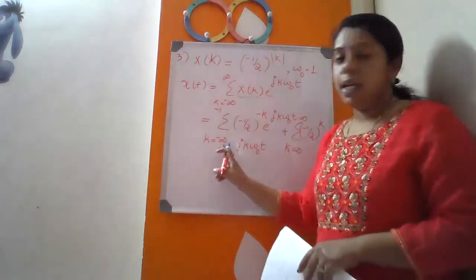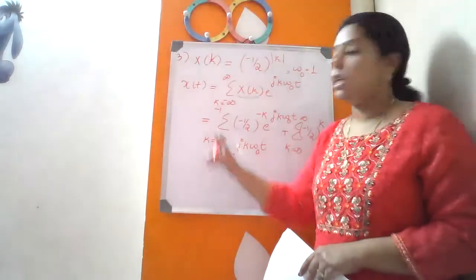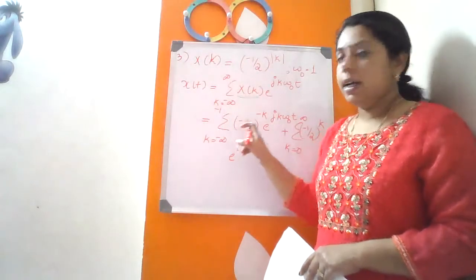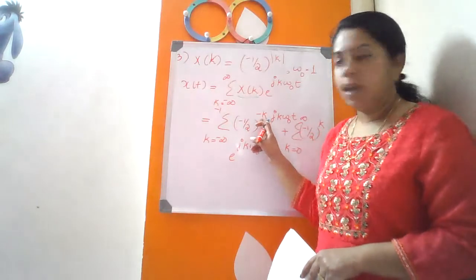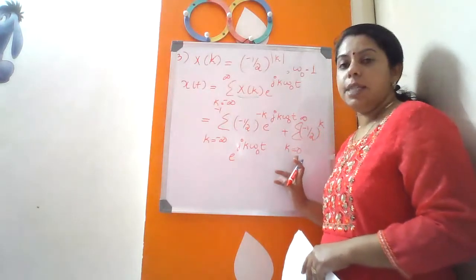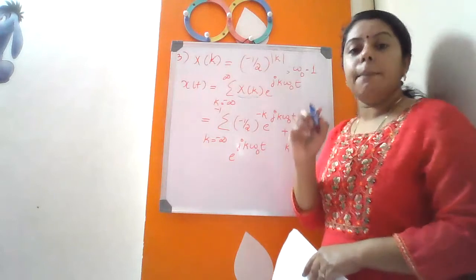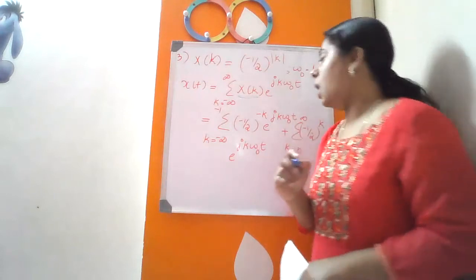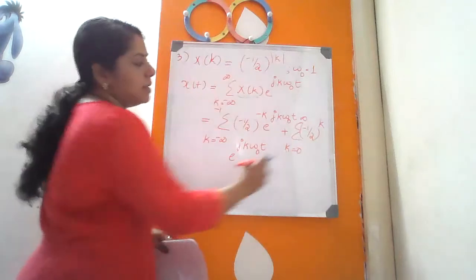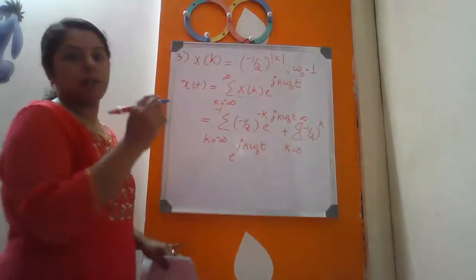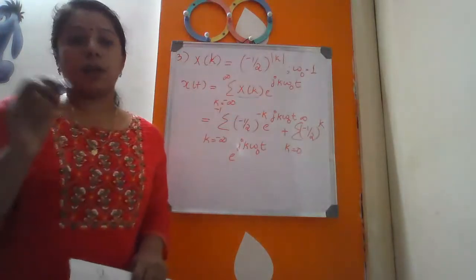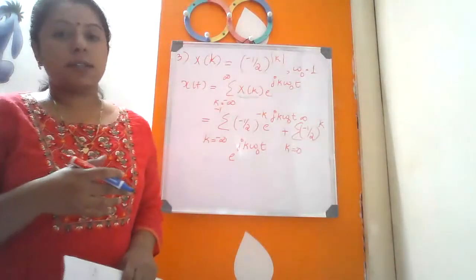One summation is from minus infinity to minus 1, where the k value is minus k, and another summation is from k equal to 0 to infinity, where the k value is plus k. Okay, so now we can solve this thing directly. We can solve because the summation is from 0 to infinity. It is 1 by 1 minus alpha, that we can solve.